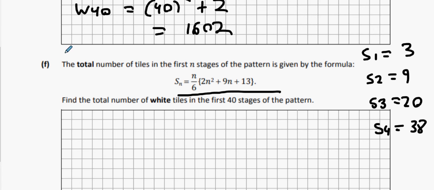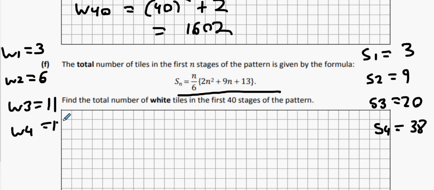And here's what else. W1 is 3, W2 is 6, W3 is 11, and W4 is 18. So what's it doing? It's adding them together, isn't it?